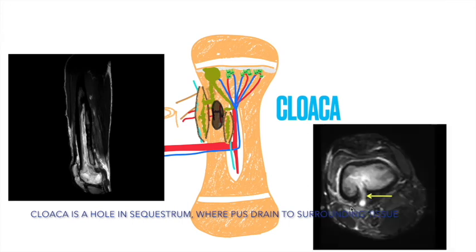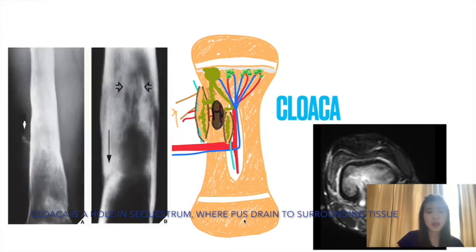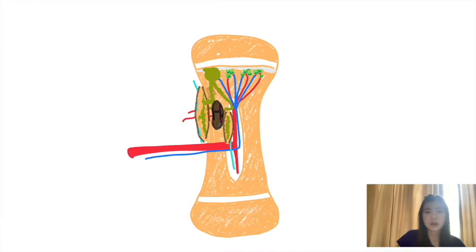Here's another example of an axial view for a cloaca. This X-ray, can you see that? And okay, another one. This is skin. Basically, I just drew it like it's skin, the skin layer.